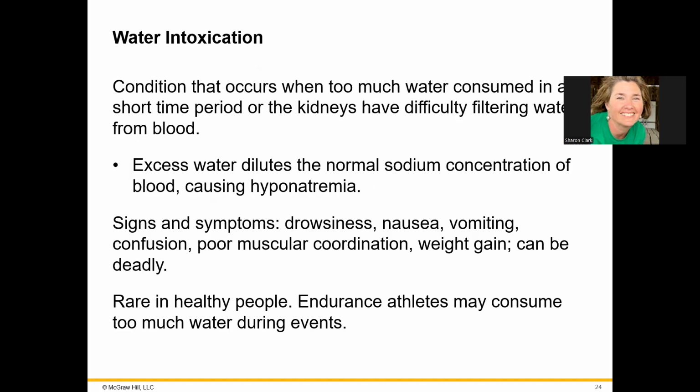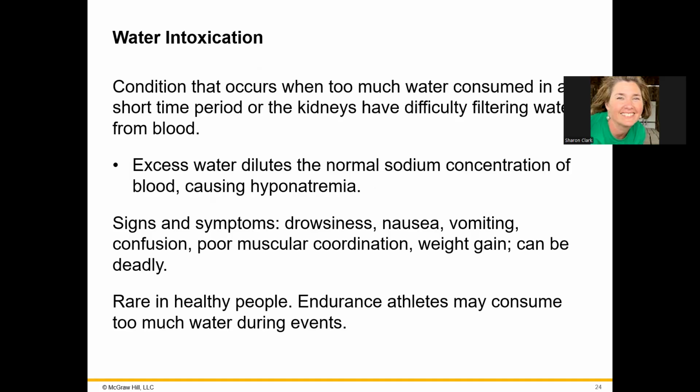Endurance athletes, such as your cyclists and your triathletes and your marathon runners who consume large amounts of water at a time, may be at risk for water intoxication, because it's a fine balance between needing those electrolytes and everything too.